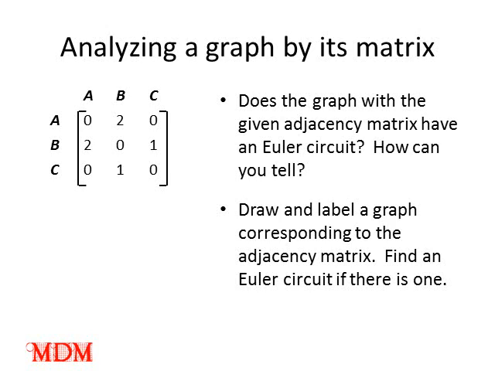Right, let's look at the adjacency matrix that's given here. How can we tell if a particular graph has an Euler circuit? Well, remember that it must be connected, and it also would have to have even valences for every vertex.